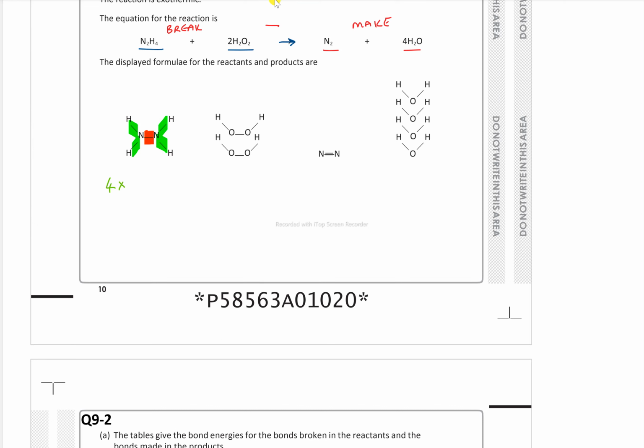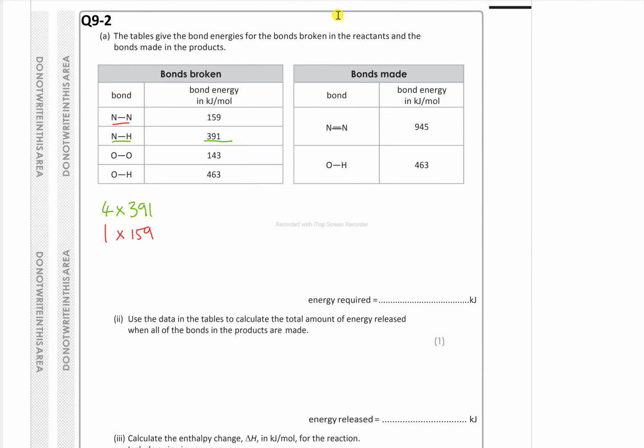Now if you look carefully, we've got 1 oxygen hydrogen, 2 oxygen hydrogen, 3 oxygen hydrogen, 4 oxygen hydrogen bonds. So we've got 4 times oxygen hydrogen bond is 463. Too late for me in the day.